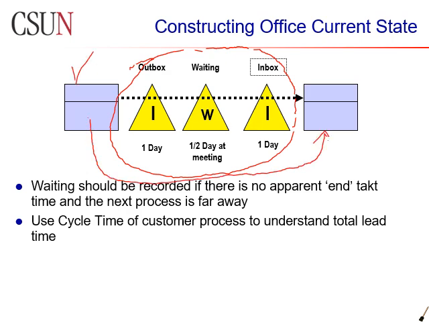You do some process here, and then you put it in the outbox mail, in other words, the box where all messages are collected to be sent away. Then it is transported, or it's in the process of moving from one place to another. So this is called waiting or moving.